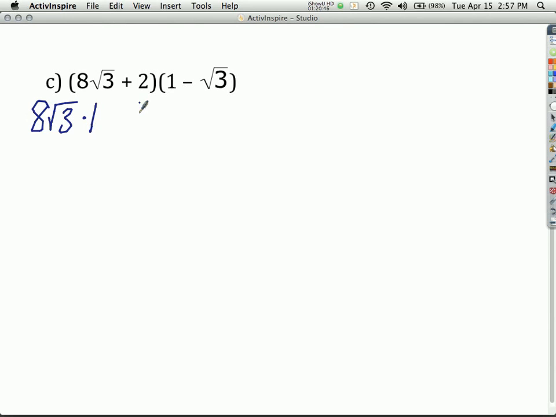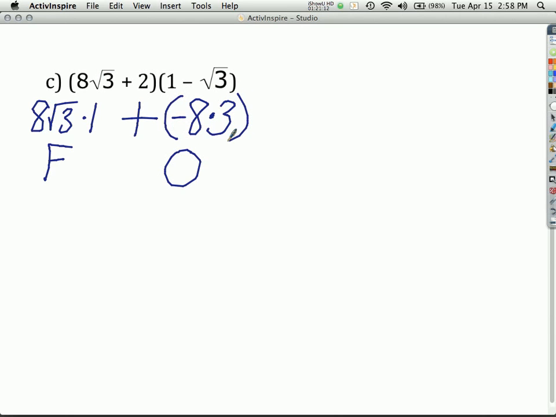So this is the F. Now we're going to add the O's. The outer is this times this. We have an 8 times a -1. So that's -8. And a radical 3 times a radical 3, Edgar, turns into a 3.